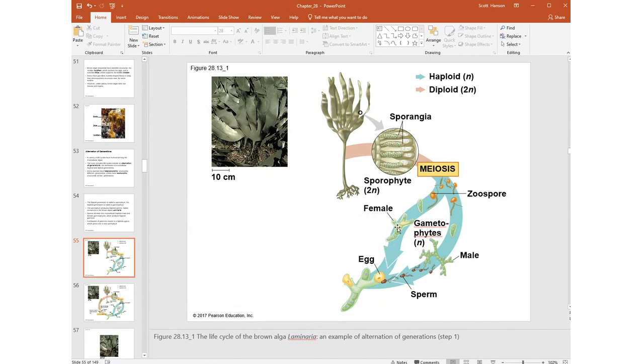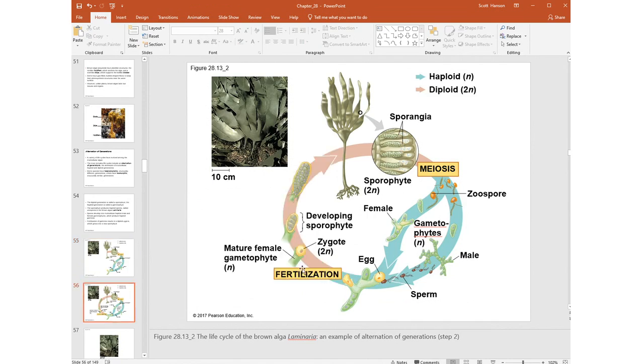So the female gametophyte produces an egg. The male gametophyte produces haploid sperm, and then the sperm fertilizes the egg, and after fertilization that produces a zygote.